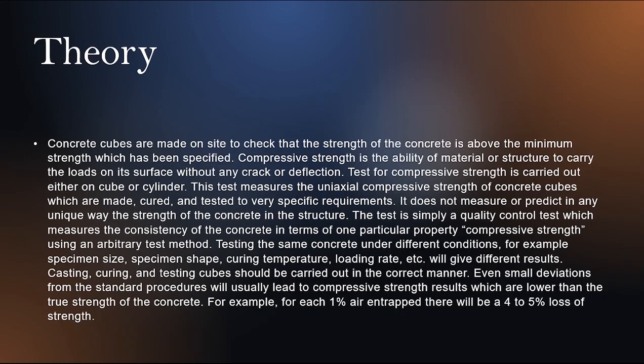As shown here, even 1% of air could cause 4 to 5% of the concrete cube to cease, to not be there. So the strength of the concrete is not fully there at all.